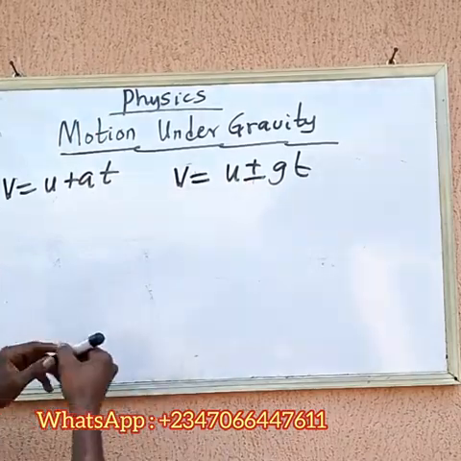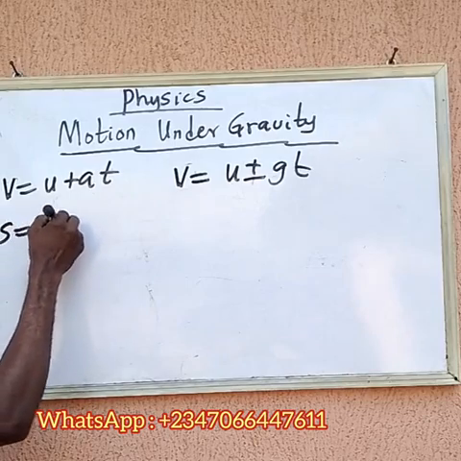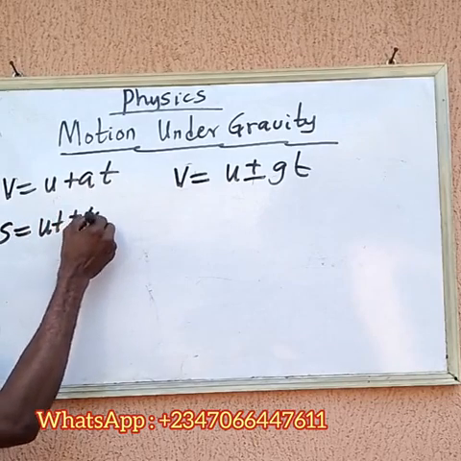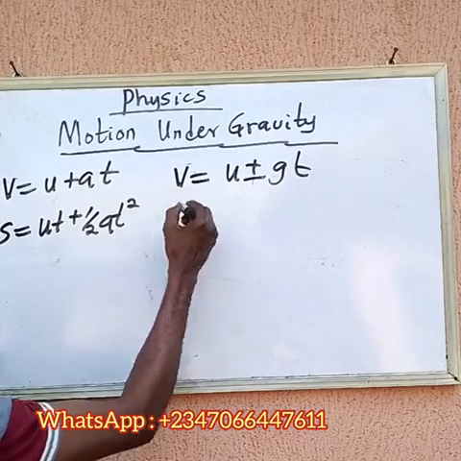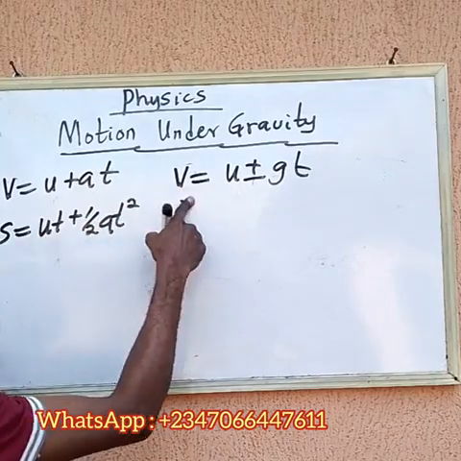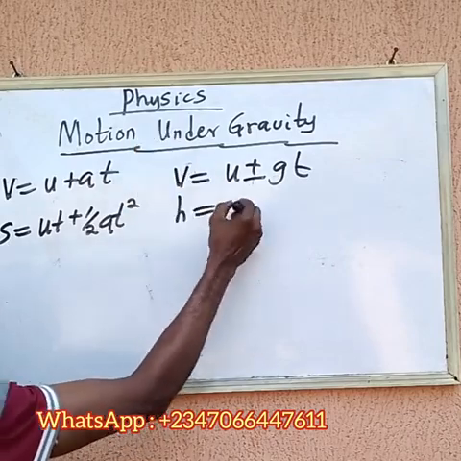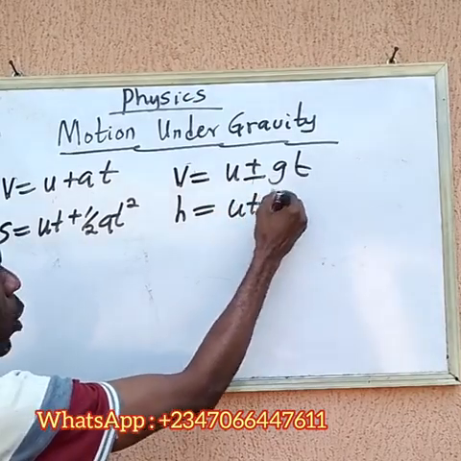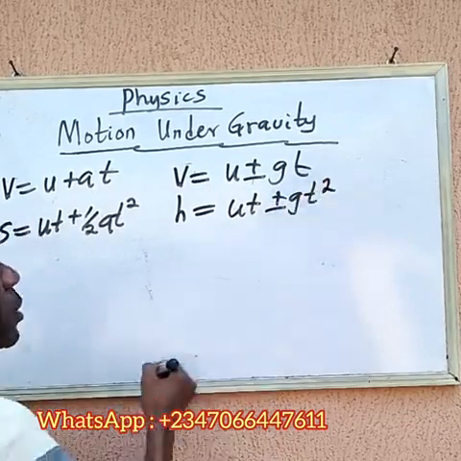Now we also know that in kinematics, we have s, the total distance, which is ut plus half at squared. In this motion under gravity, because we take s as the maximum height attained, it becomes h equal to ut plus or minus half gt squared.